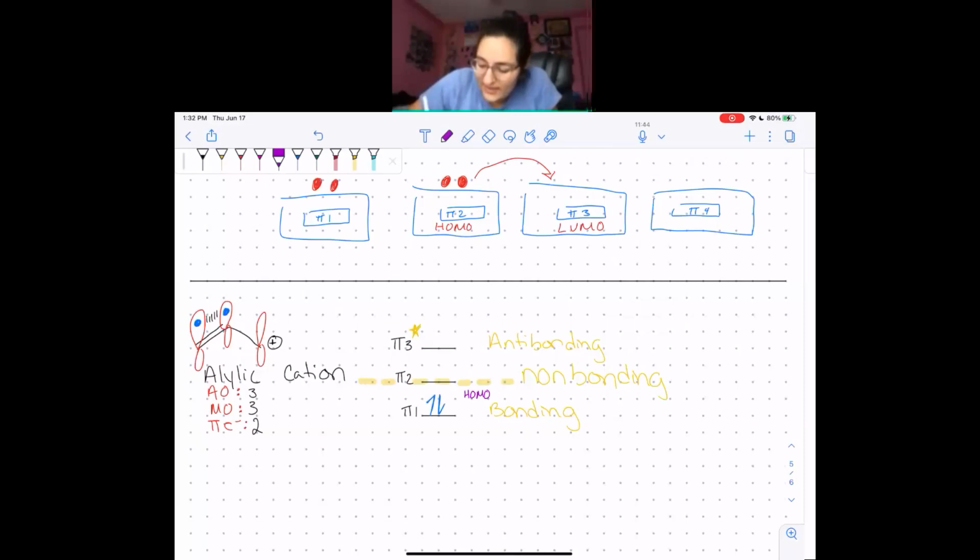So that's the one that gets the LUMO. So the non-bonding isn't going to affect HOMO and LUMO. HOMO is still the last basket that has electrons in it. LUMO is still the first one that has no electrons in it. So does that sort of make sense? Yes? Okay. Good.